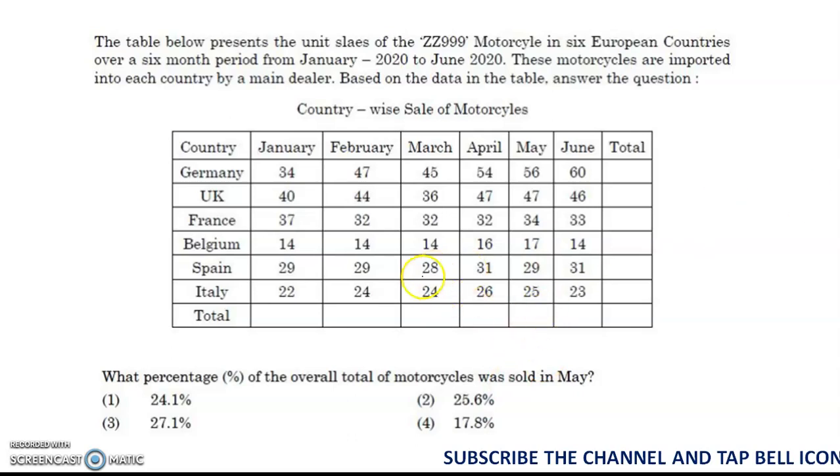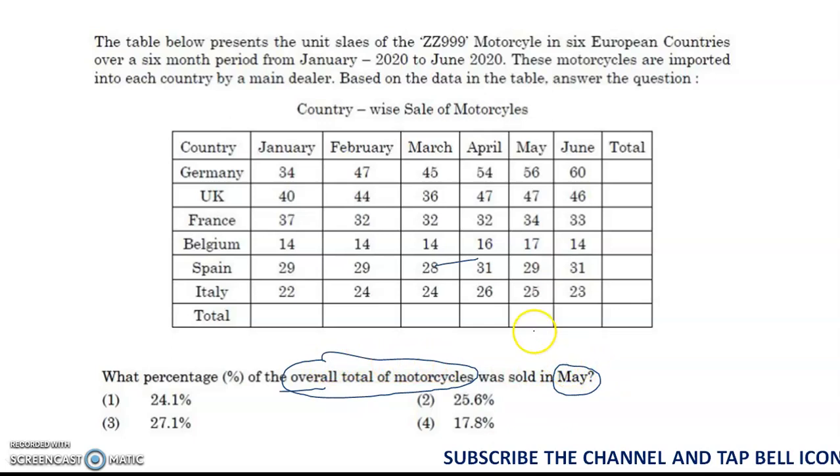what percentage of the overall total of motorcycles was sold in the month of May. Okay, so here you may check what percentage of the overall total of motorcycles was sold in the month of May.